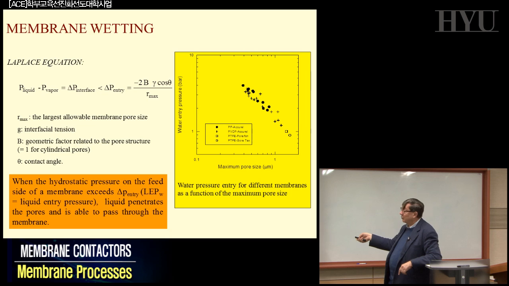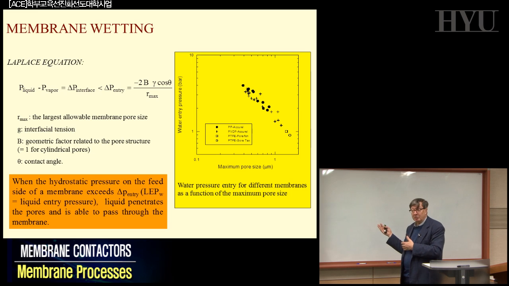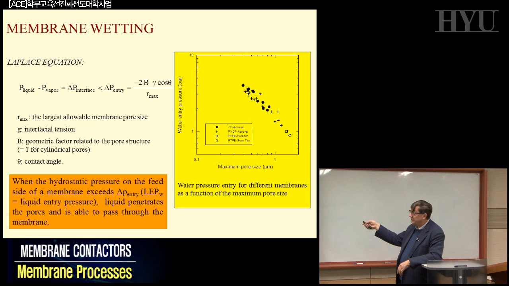Through these pores, we can have liquid penetration, so you can still operate in desalination, but you don't operate for sure in ultra pure water production or for injection in the body, because some salts can still go through if there are also 1, 2, 3, 4 pores of big size. That's why today you will find literature, people, as ourselves, trying to produce membranes with a very, very narrow pore size distribution, as much as possible around 0.1, 0.2, 0.3, where this water entry pressure is relatively quite high, so we don't have a big problem.